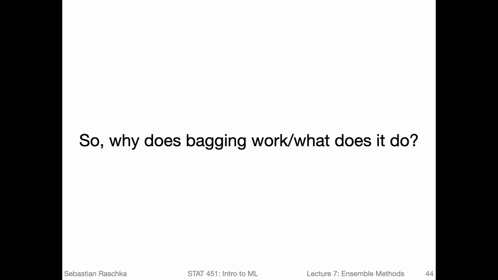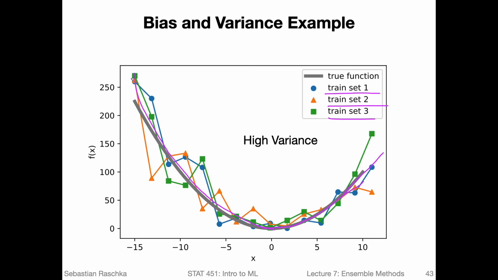And this is also the idea behind bagging. In bagging we have different training sets, but the training sets are generated via bootstrap sampling. So we have a similar setup to here, where we have multiple high variance models, because bagging usually uses decision trees. Each bootstrap sample is usually fit to a decision tree.